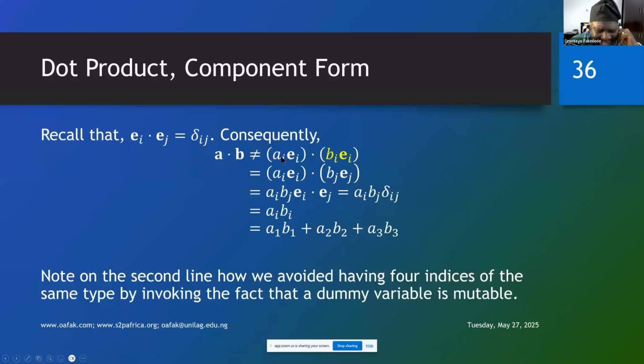I'm asking people to go to the chat room and tell me why this is not equal to this, but it is equal to this, whereas biei is still b1e1 plus b2e2 plus b3e3. Despite the fact that biei is equal to b1e1 plus b2e2 plus b3e3, which is the same thing as the vector b, why can we not write it like that in this dot product?